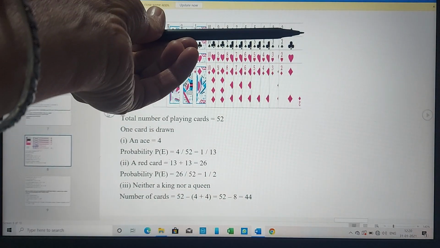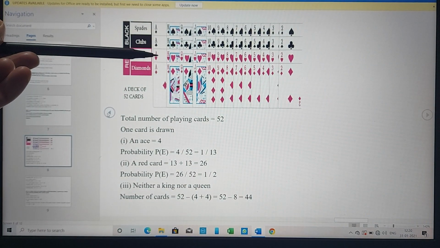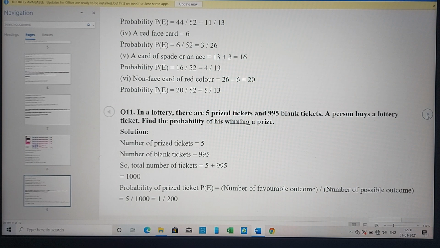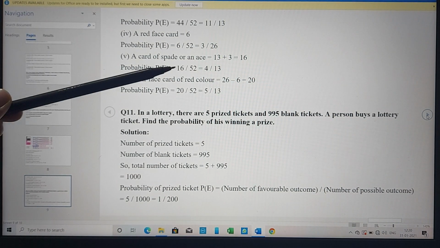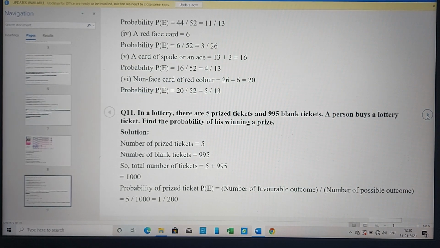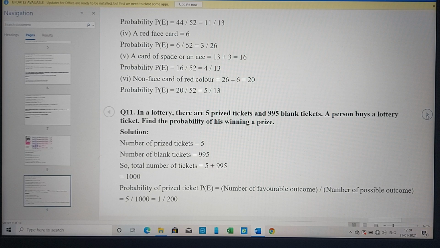So 13, 14, 15 and 16. So favorable outcomes become 16. All 13 cards of spade, ace of club, ace of heart, ace of diamond. So favorable outcomes become 16. Total outcomes are 52. 16 upon 52 will cancel to 4 upon 13.